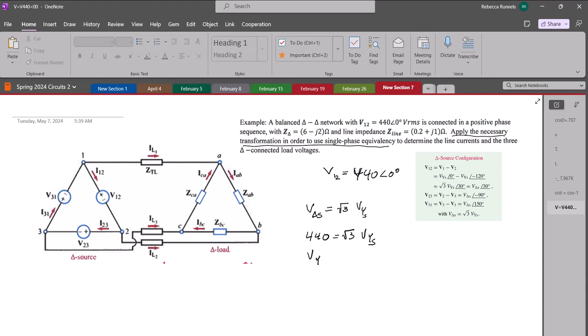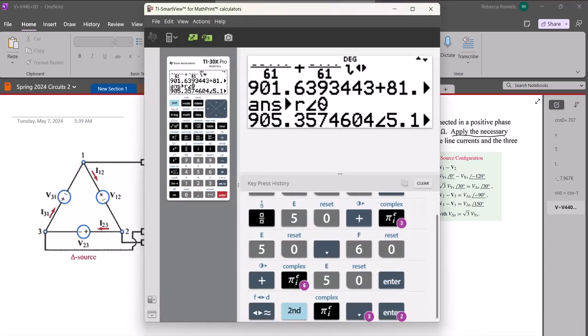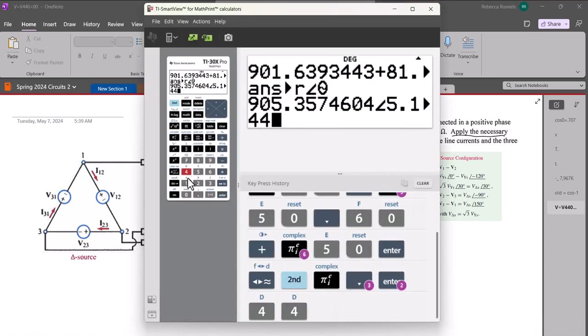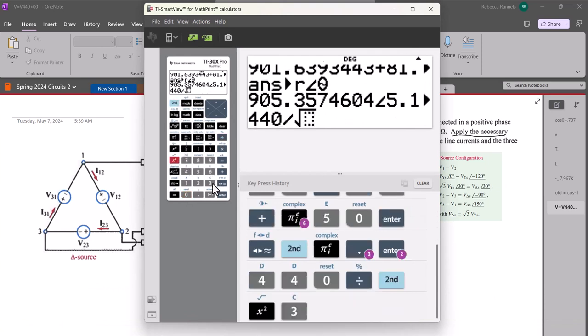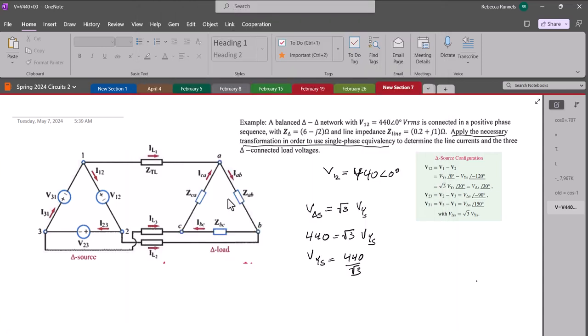So VYS is 440 over the square root of 3, which is 254. And what is that? Volts, that's volts RMS.